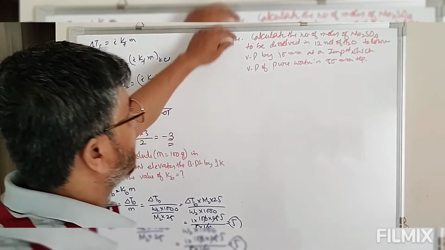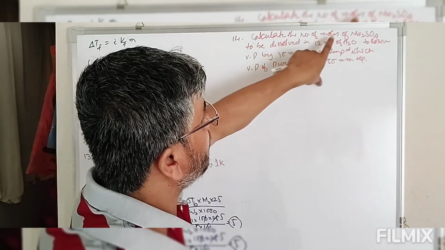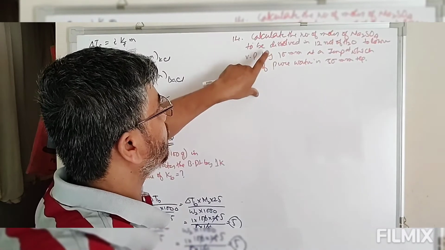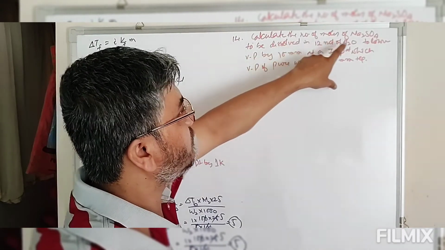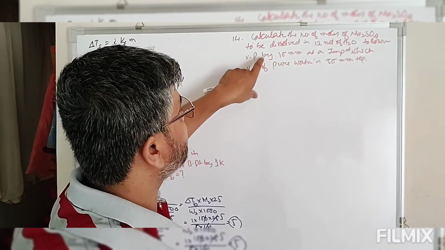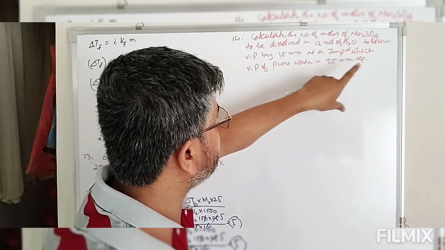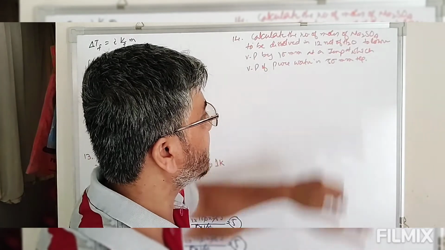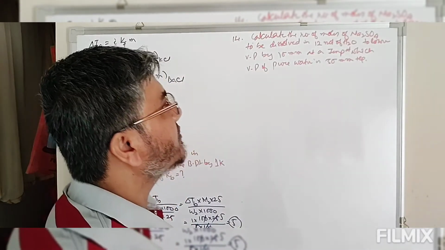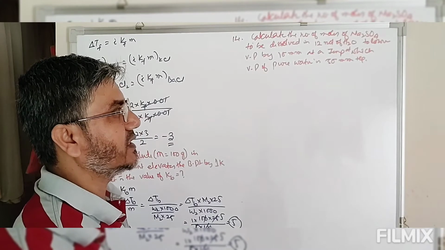Now the question says calculate the number of moles of sodium sulfate to be dissolved in 12 mole of water to lower the vapor pressure by 10 mm mercury at a temperature at which the vapor pressure of pure water is 50 mm of mercury.